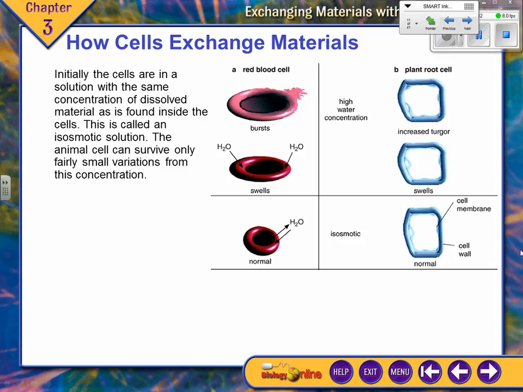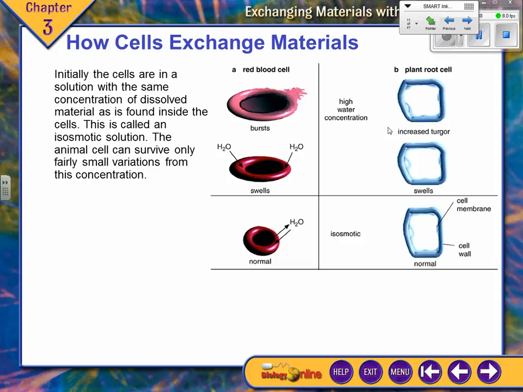First, this is called a hypotonic solution, H-Y-P-O and tonic, meaning that there's not that many things dissolved in the water. So where is there more water then? Outside the cell. Water moves from a high concentration area of water to a low concentration of water.